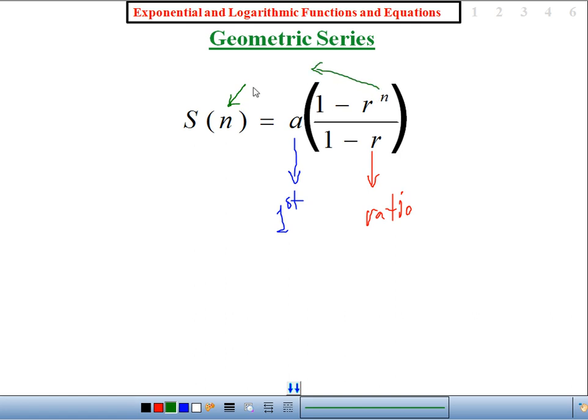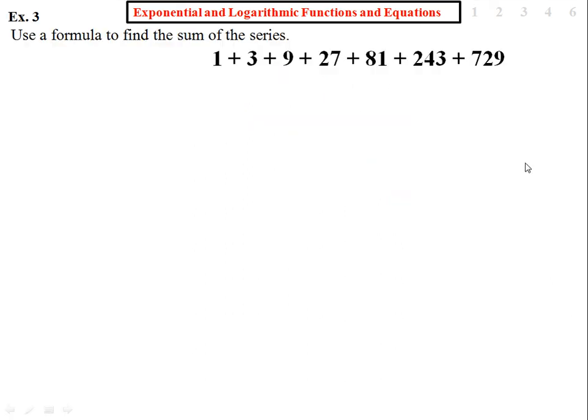This n and this n is the number of terms in the series. Once again, number of terms. Label that on the one you copied, please. N is the number of terms, A is the first term, and r is the ratio. All right, let's look at the problem given. Here it is.